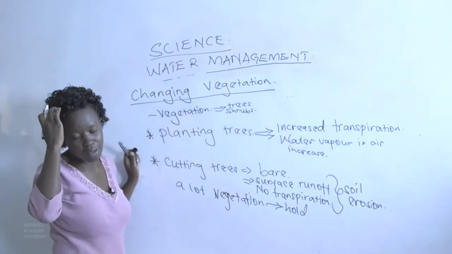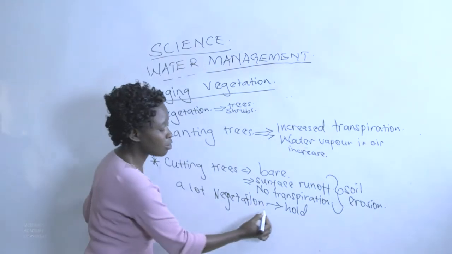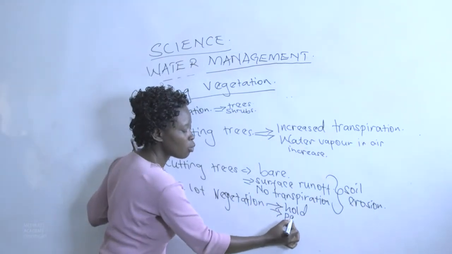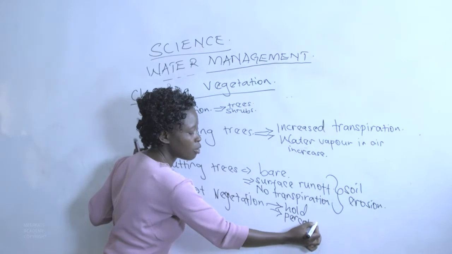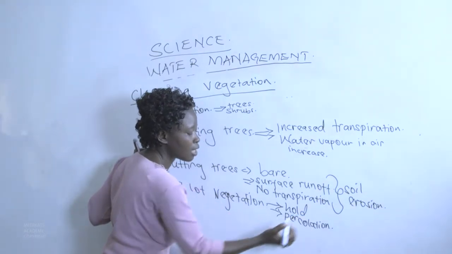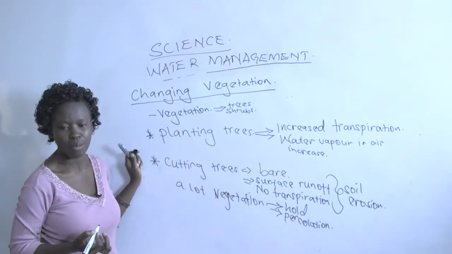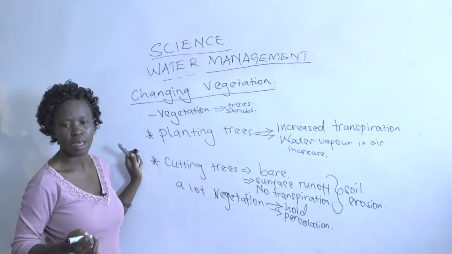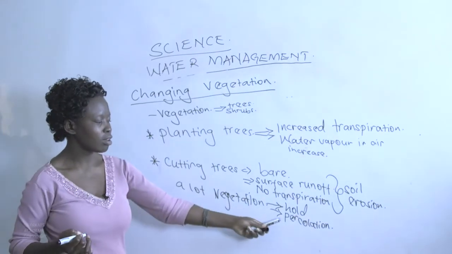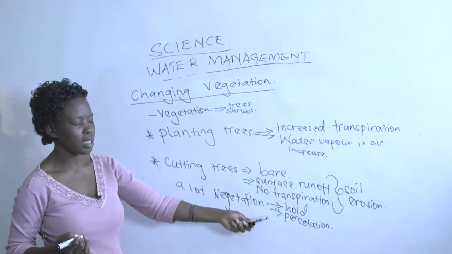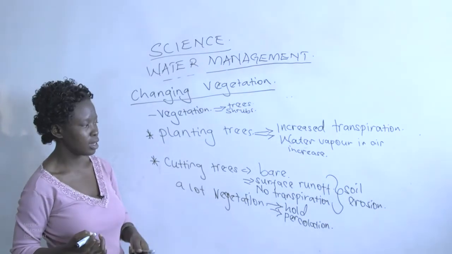And if they hold the water for a long time, then the percolation process will also be encouraged, because if water remains stagnant at a given place for a long time, it is able to seep into the soil. And once it seeps into the soil, then we say the percolation process has been encouraged.